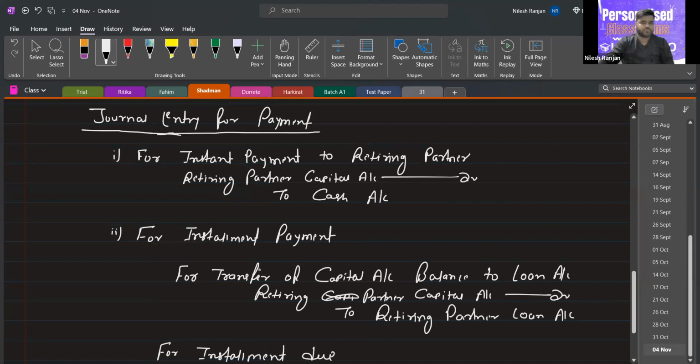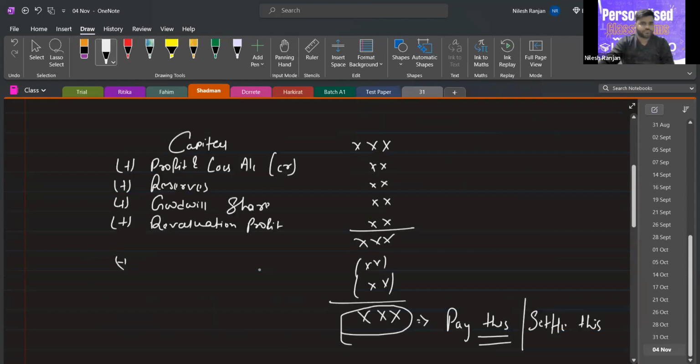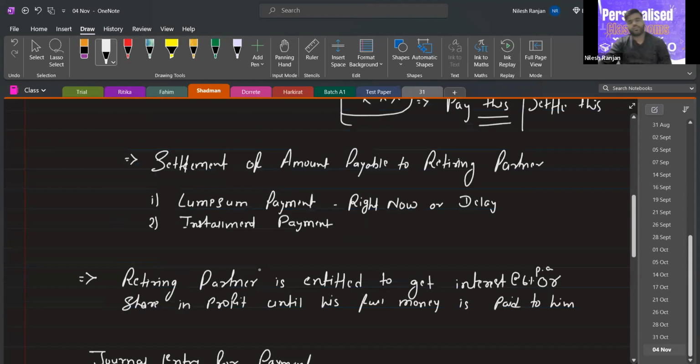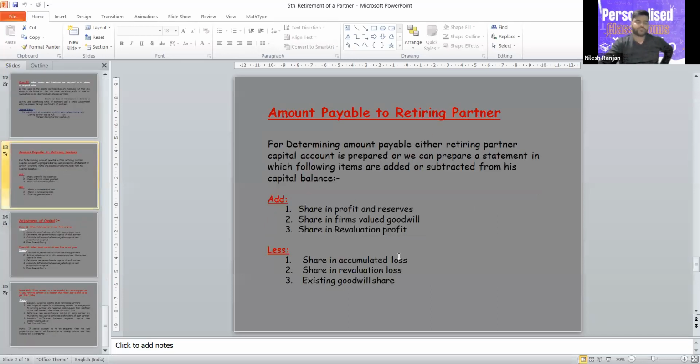You should also take the screenshot of this. After taking the screenshots, you write all the theory part in your notebook. I will write it within 24 hours. So this is our concept.